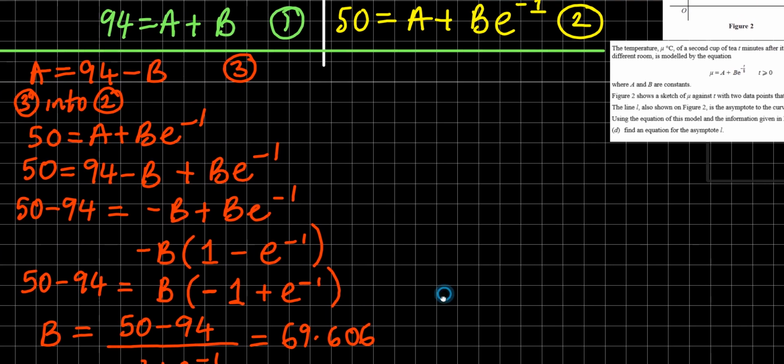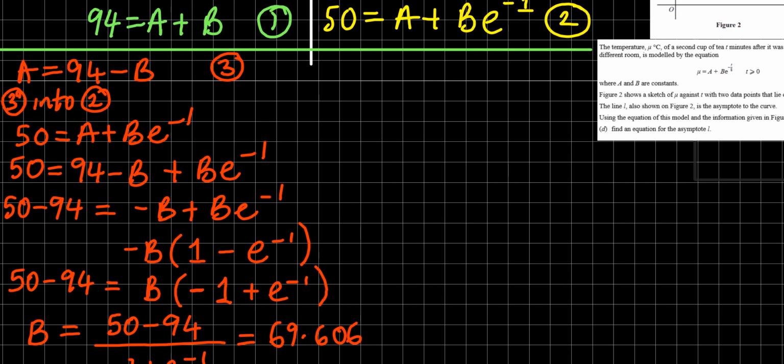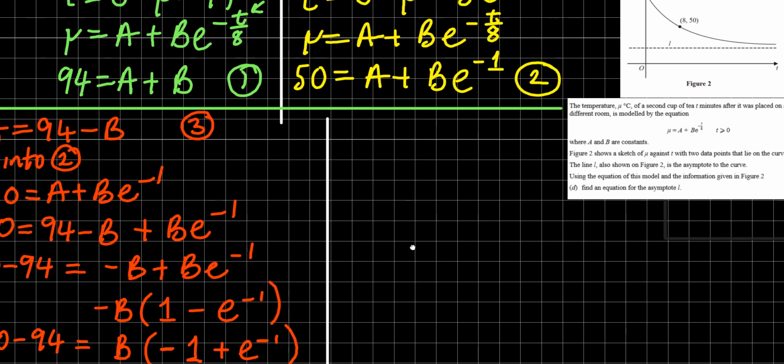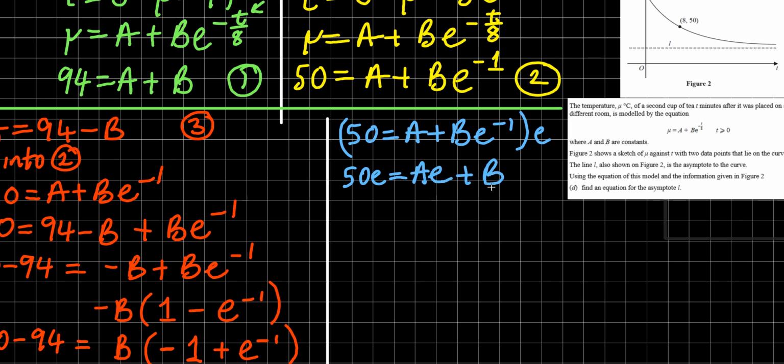The second way you could solve this equation is by using this equation. So the second equation was 50 equals A plus B e to the minus 1. You can times the whole lot by e. So we would have 50e equals A e plus B. Now e to the minus 1 times e would just be 1.